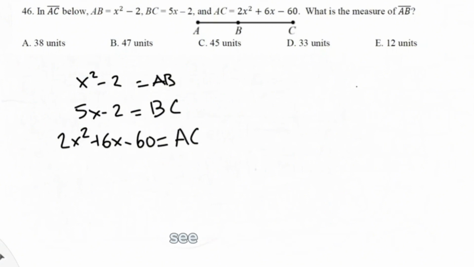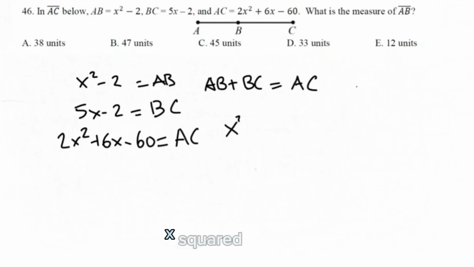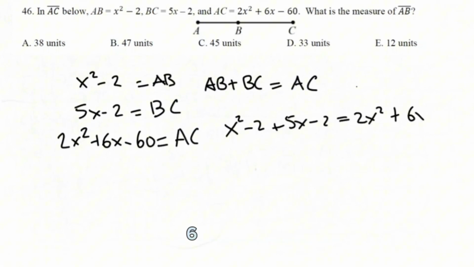So now what we can see is on this line, AB plus BC is equal to AC, which means if we substitute the values, x squared minus 2 plus 5x minus 2 equals 2x squared plus 6x minus 60.